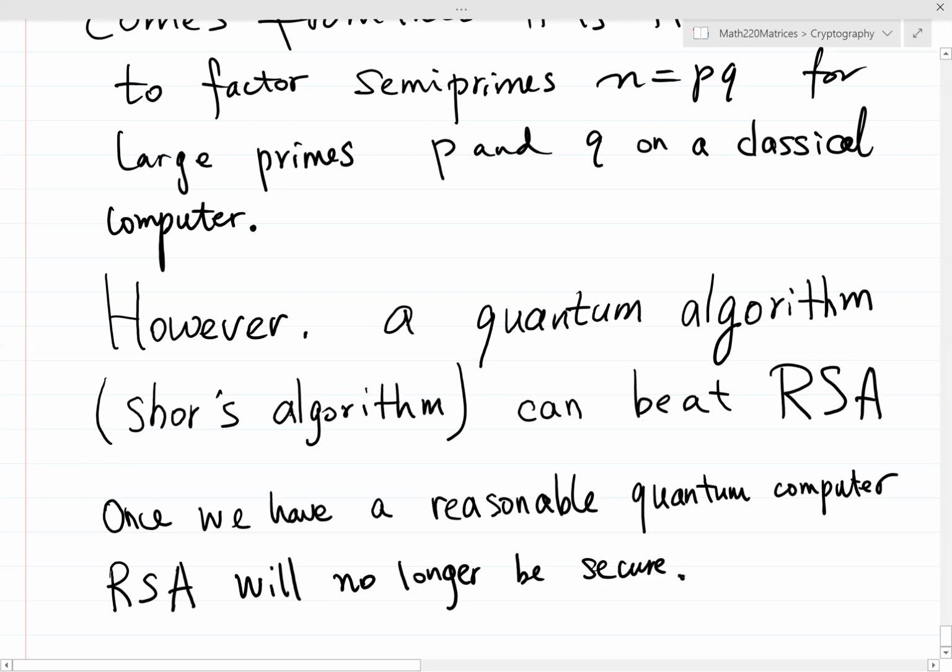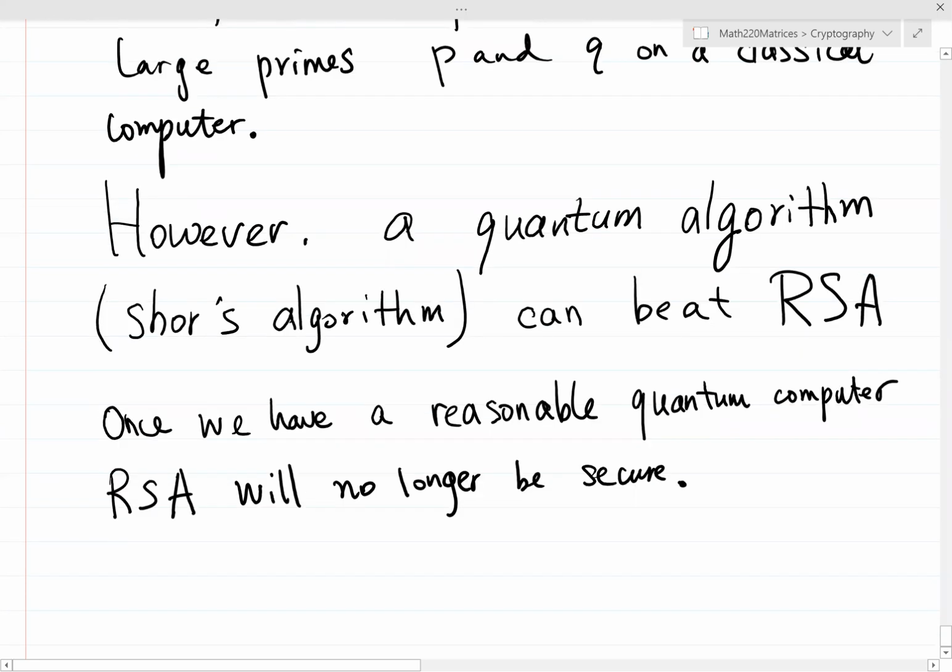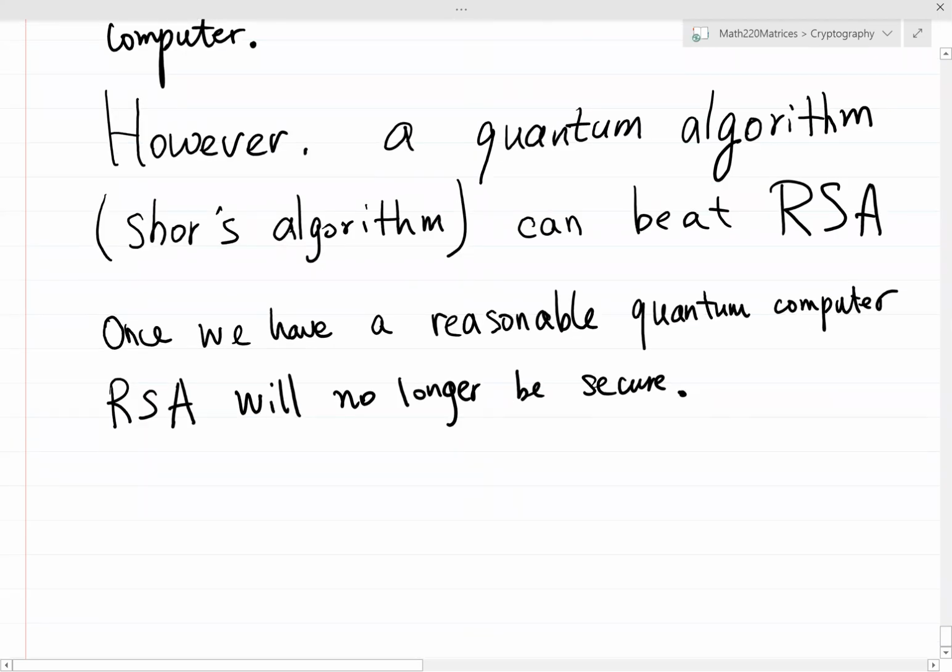Okay, so you see one of the reasons that quantum computer is so powerful: many things that we cannot do on a classical computer can be done using a quantum computer. Currently many things actually use the RSA algorithm. Once you have a quantum computer, you can beat RSA, and many things and much information will no longer be secure.